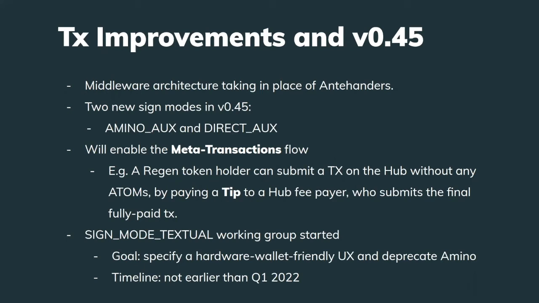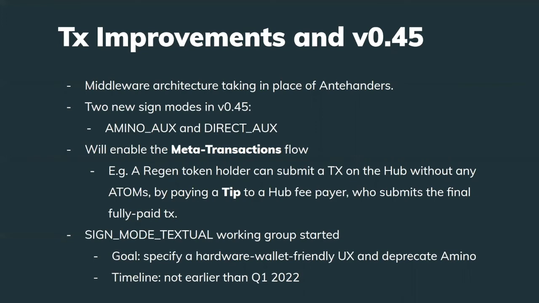Meta transactions are the ability for someone to pay a fee in the form of a tip that is not natively tracked on the blockchain on which they're executing that tip. So the example here would be that a Regen token holder can submit a transaction on the hub, given that they have IBC Regen tokens on the hub without holding any atoms on the hub.